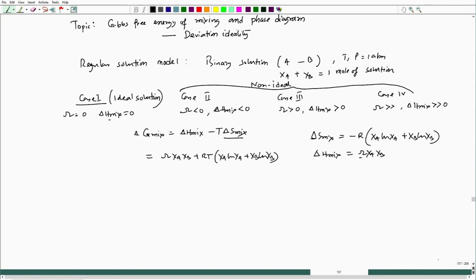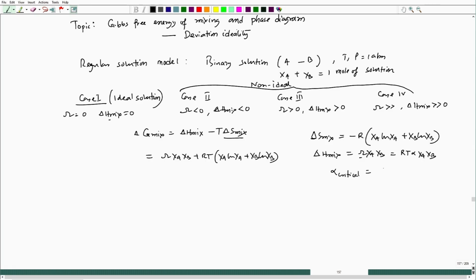We have also seen that this can be related to another parameter, which is alpha X A X B. We have found alpha critical, where the delta G mix plot with composition just started getting the inflection.